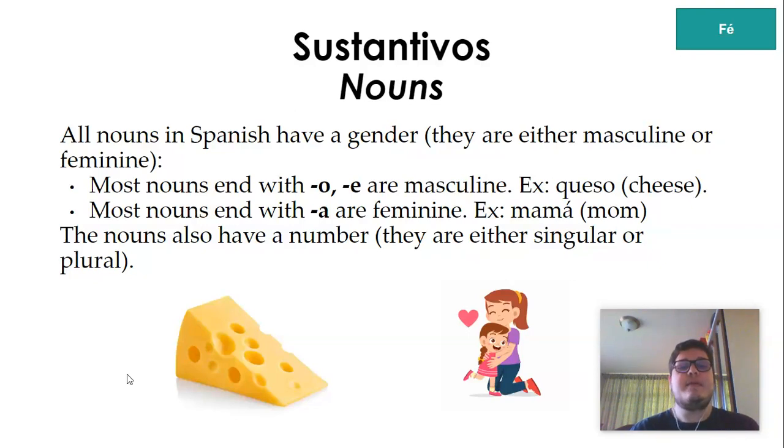Most nouns that end with A are feminine, like mamá, that means mom. Also, the nouns have a number, so they are either singular or plural. And this is really easy. You just try to practice and you can get it. O, E, masculine; A, feminine.